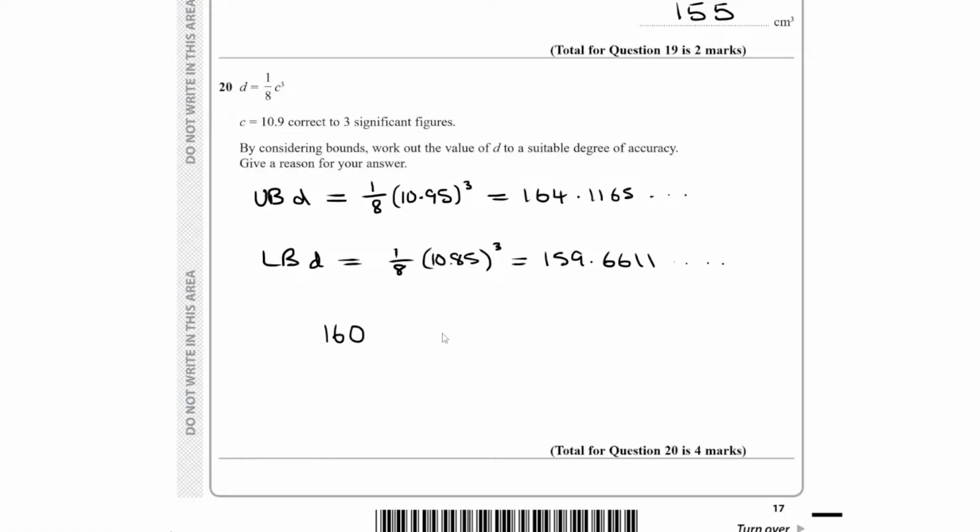I'll write significant figures because it sounds fancier. Both round to 160, or you could say both agree, since both the upper bound and lower bound round to 160.